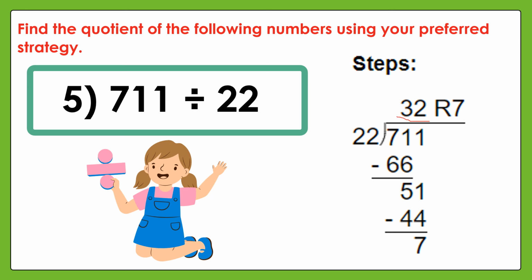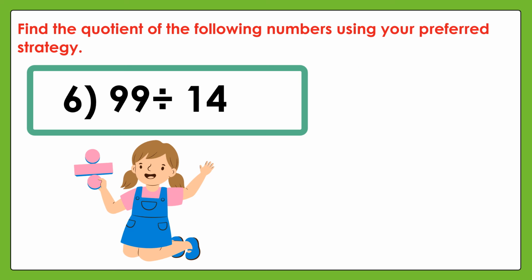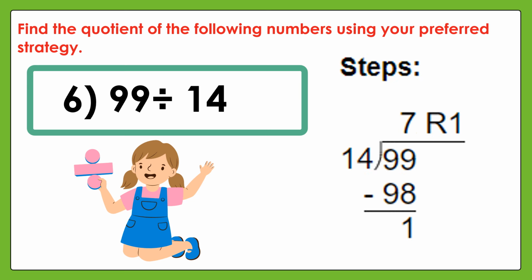The answer is 32 with remainder 7. Number 6, 99 divided by 14. The answer is 7 with remainder 1.